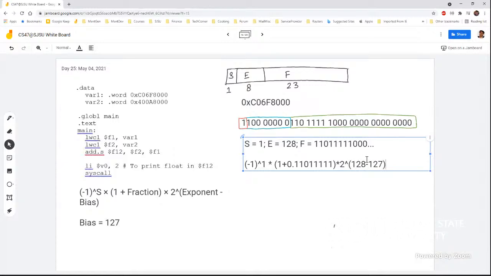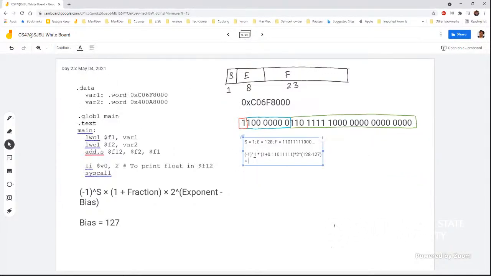So minus 1 to the power 1 is minus 1, multiplied by 1 point, the rest of the binary pattern, and multiplied by 2 to the power 1.